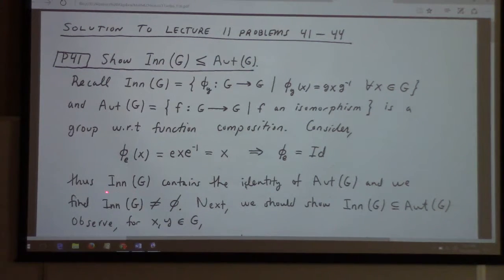Thus, the inner automorphisms of G contain the identity. Sorry, my energy has... just a second, I gotta find some reserve power. Okay, so the inner automorphism set is non-empty because I've just shown that the identity map is an inner automorphism.